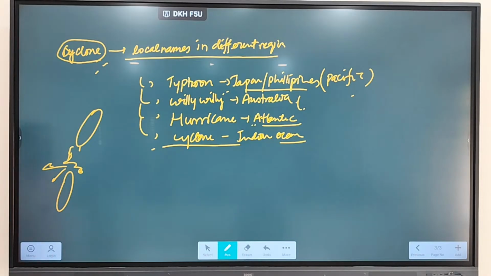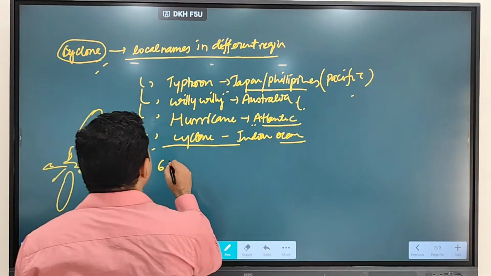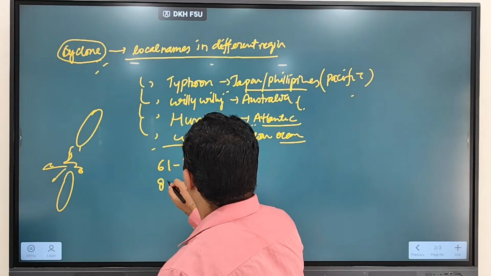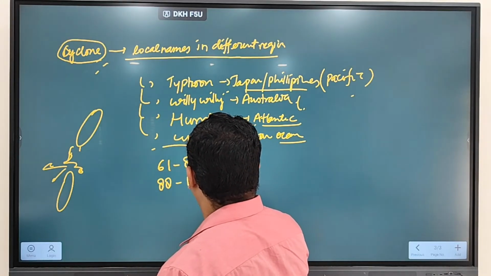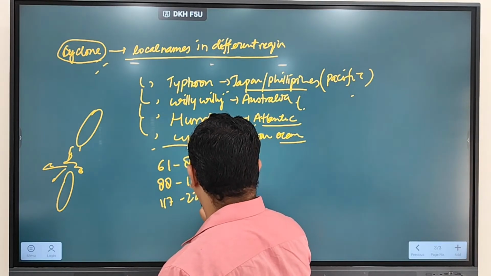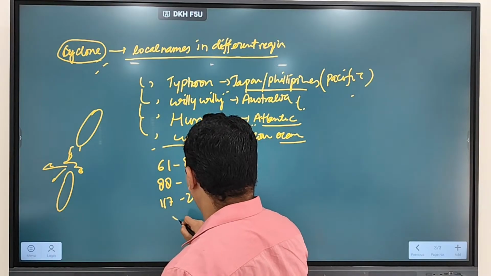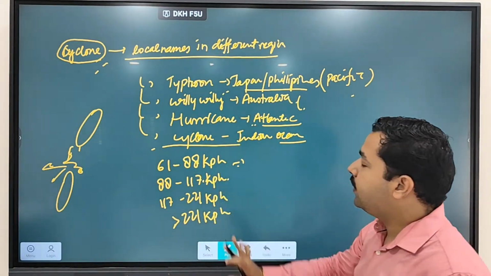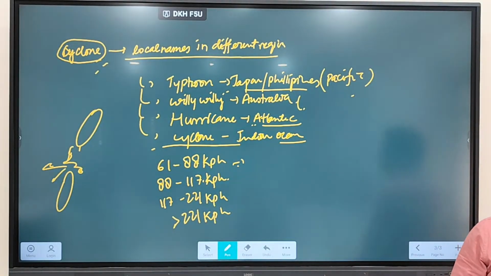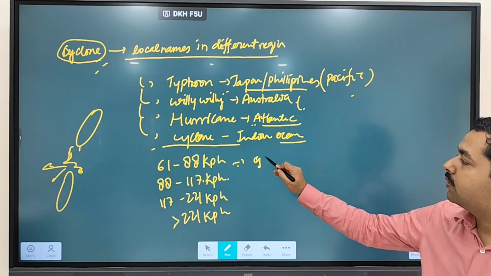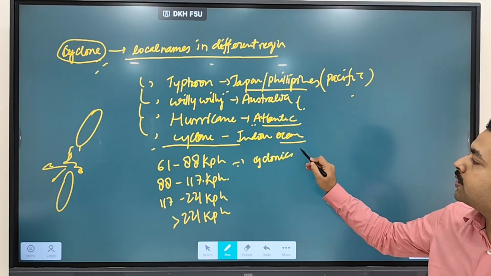Now, another important thing. Generally when the wind speed of the cyclone is between 61 to 88 kilometers per hour, then we call it a cyclonic storm.